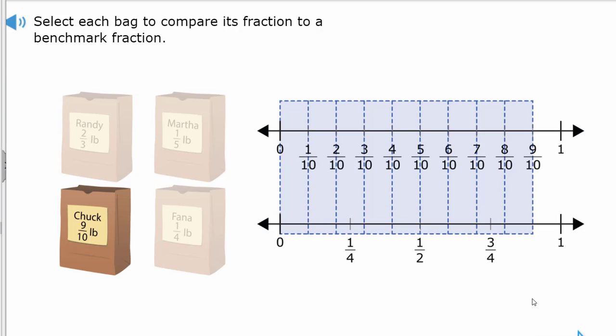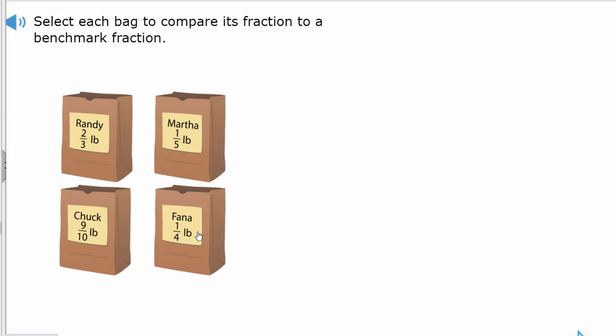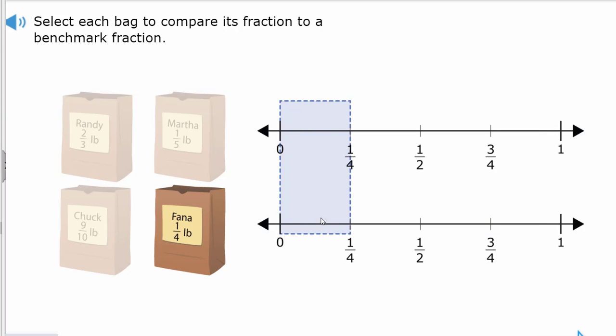And it's closer to 1, right? So it's about 1, near to 1. Okay, and this, of course, 1/4 is one of the benchmarks. We don't need to say anything about it.